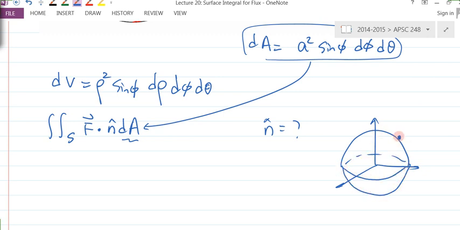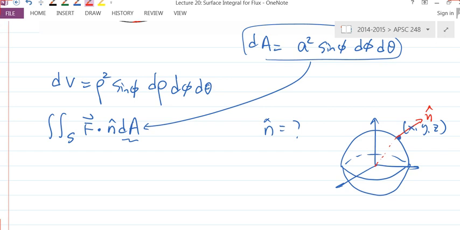If I pick a point on the surface, the coordinate is x, y, z. And where would you draw the n hat? You draw it perpendicular, right? And if you extend that vector, where is that vector going to go? To the origin. So now, can you create an n hat for me?